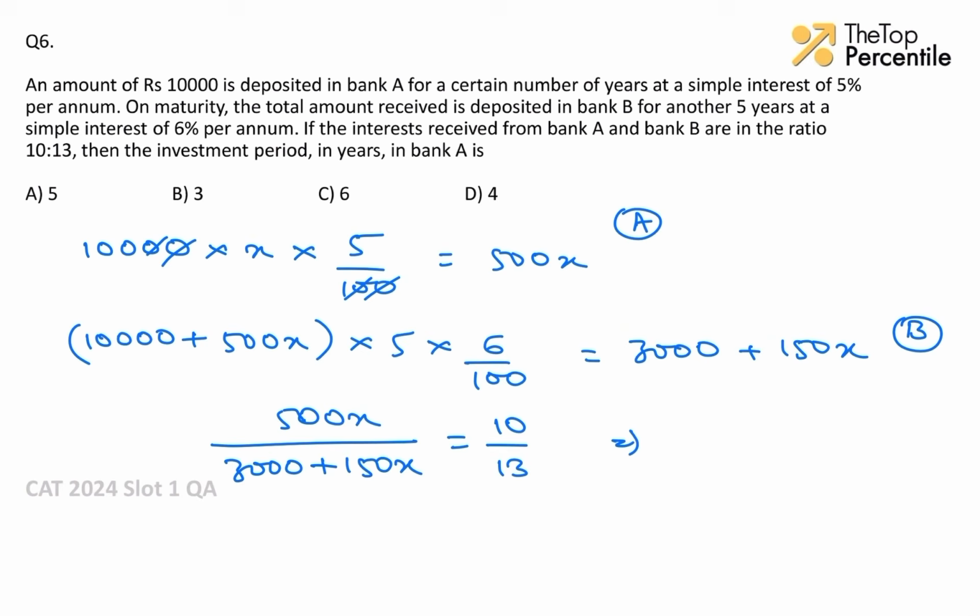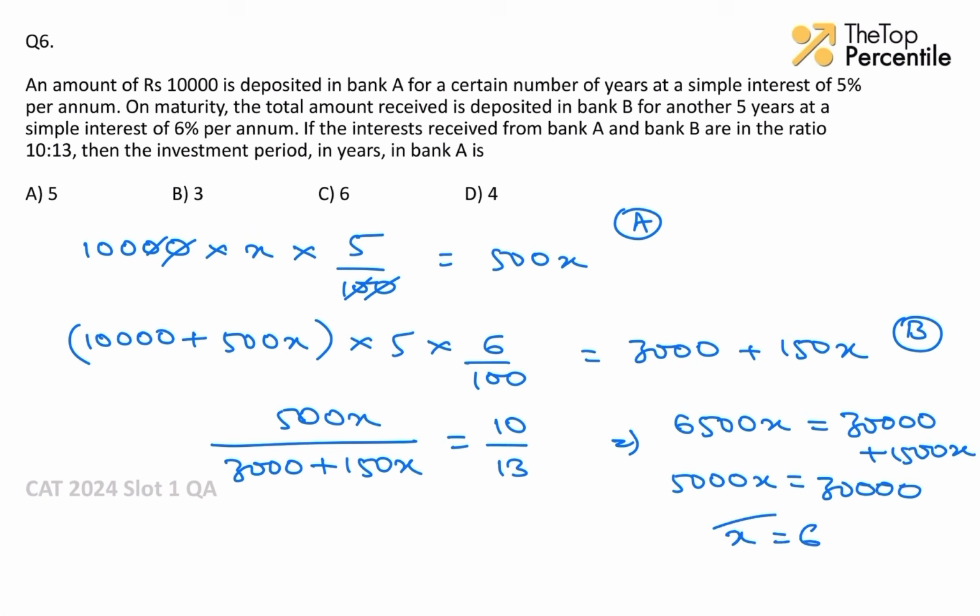Solving it further, I'll get 6500x equals 30,000 plus 1500x. This will give me 5000x as 30,000. So x will be 6, which is my answer, which is option C.